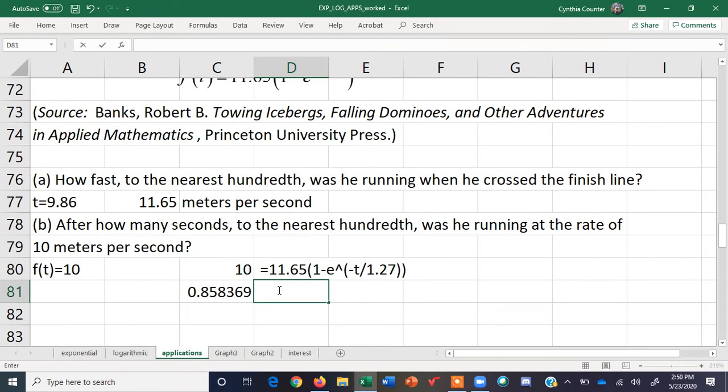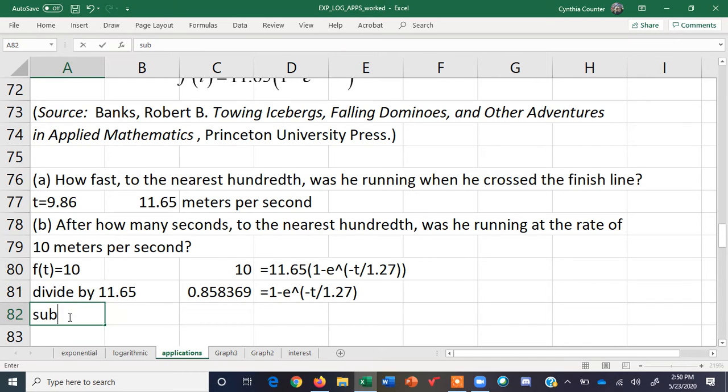Click in here, space, equals, and I'm just going to copy, Control-C, Control-V, what we have left. So notice what I did here was we want to divide by 11.65. So the left side now is 0.858369. We're trying to get e by itself, so let's subtract this 1.